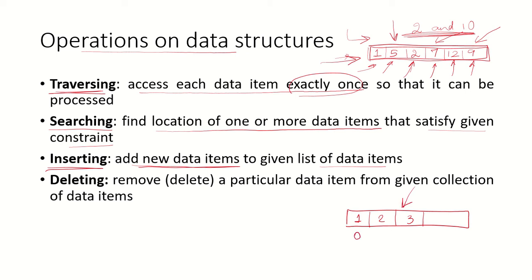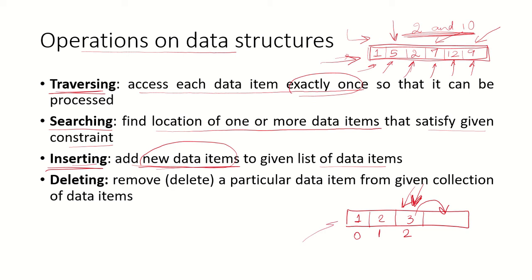So this is subscript 0, this is subscript 1, this is subscript 2. If we want to add a new data item over here, then this data item will have to be shifted to the next place. So adding any new data item to a given list of data items is called insertion.